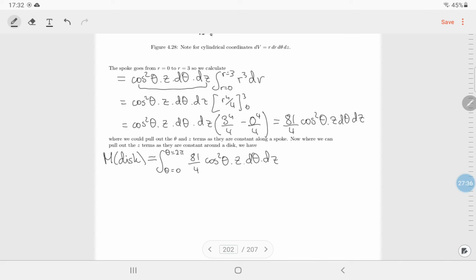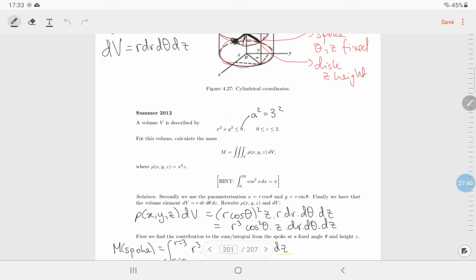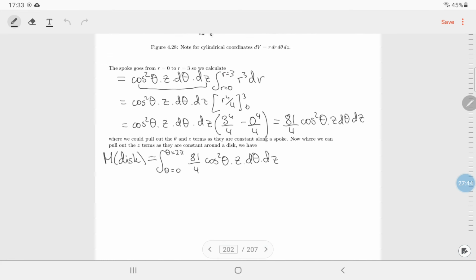And now we'll notice for a disk, the height is constant. So z is constant. Anything with z can be taken out as constants. So I'll take out 81 over 4 as a constant. I will take out z as a constant, and I'll take out dz, and I'm left with the integral from 0 to 2 pi of cos squared theta d theta.